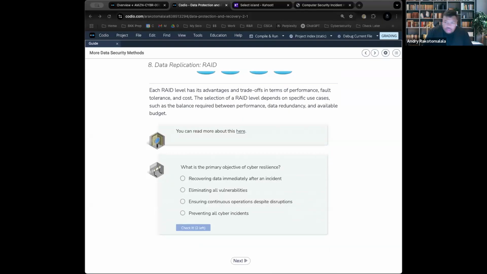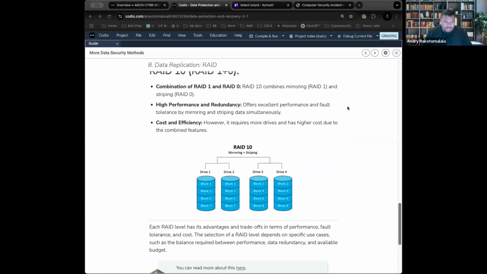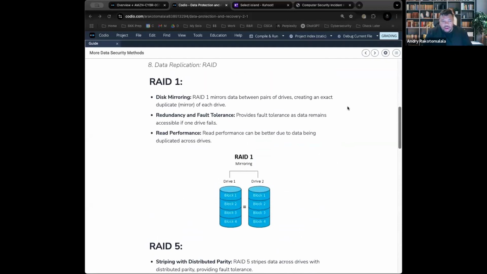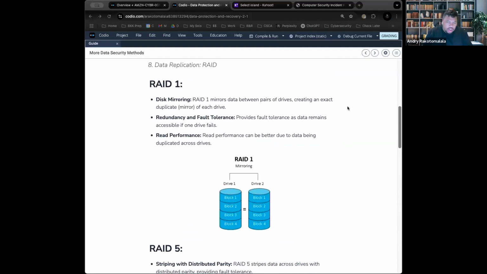Did see Kiran, I see your question there. There are RAIDs 2, 3, and 4, but the reason why they aren't listed here is because they're pretty obsolete and not as used. So they're not as up to date, I would say.